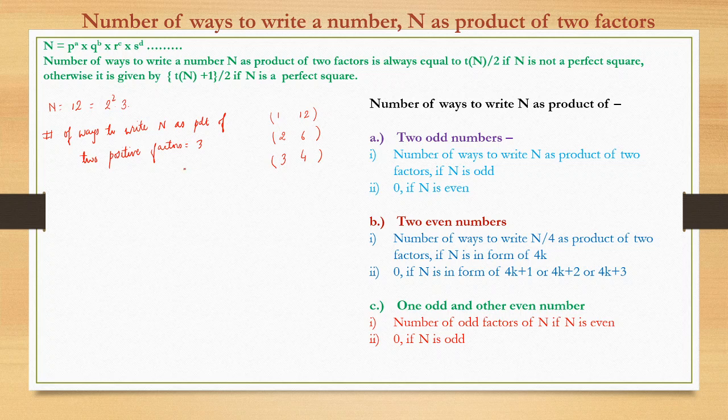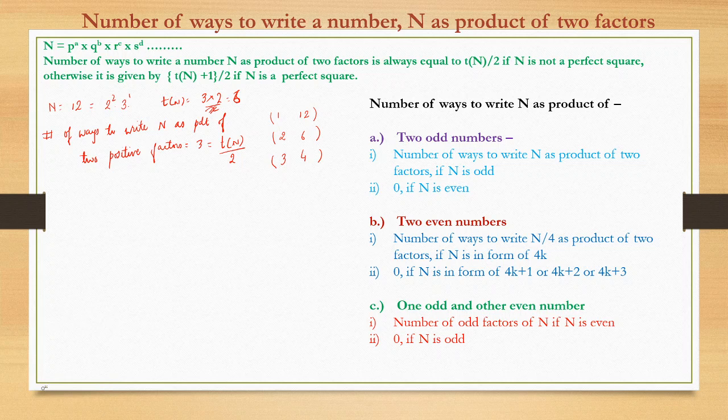How did we get 3? 3 is nothing but the number of factors of n by 2. Number of factors is what? Tn, we can have 2 power here, 2 plus 1 is 3, into here power is 1, 1 plus 1 is 2, so Tn is 6. Tn by 2 would be 3. So this is the one case.